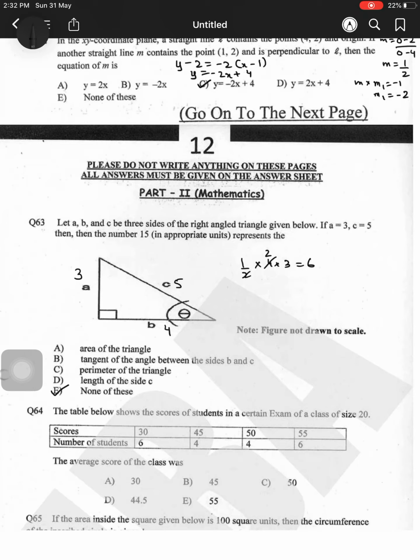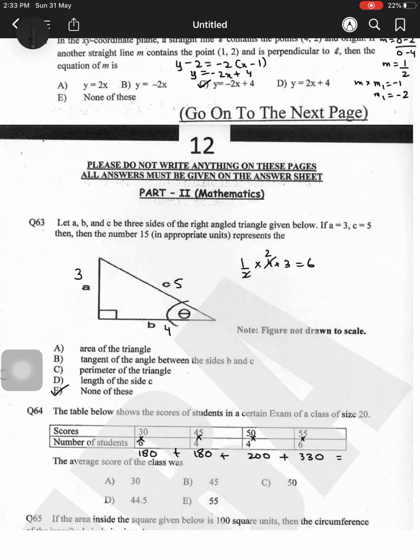In this next question, he says the average score of the class was. What was the average score of the class? So all we're gonna do is multiply scores with the number of students. So multiply all of this. I'm gonna get 180, 200, and 330.